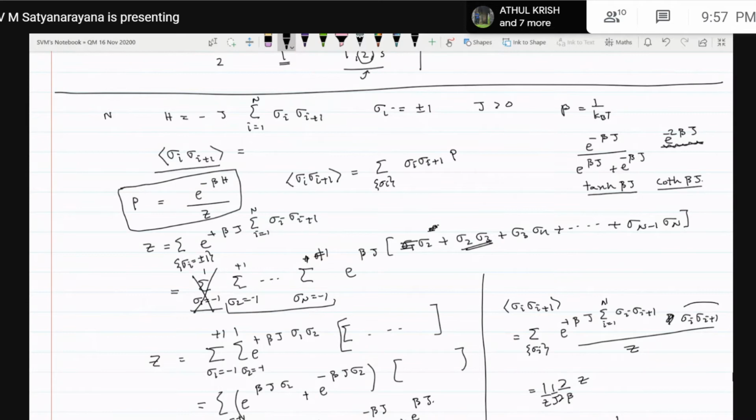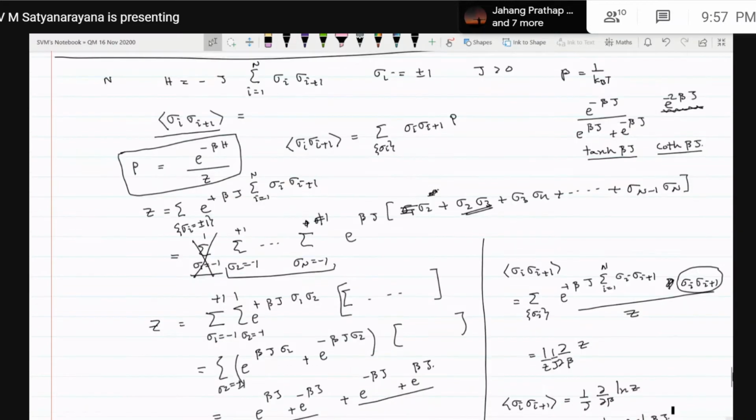So now to get this factor, what I am doing is I'm trying to differentiate this with respect to β such that I get σ_i σ_{i+1} here. Then I don't have to write like this.